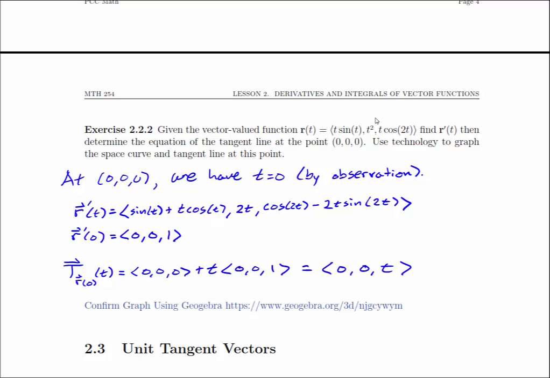Then the derivative of t squared is 2t. And then we need to use a product rule and chain rule here. So the derivative of the first is 1 times the second gives me cosine of 2t. And then plus the first times the derivative of the second.